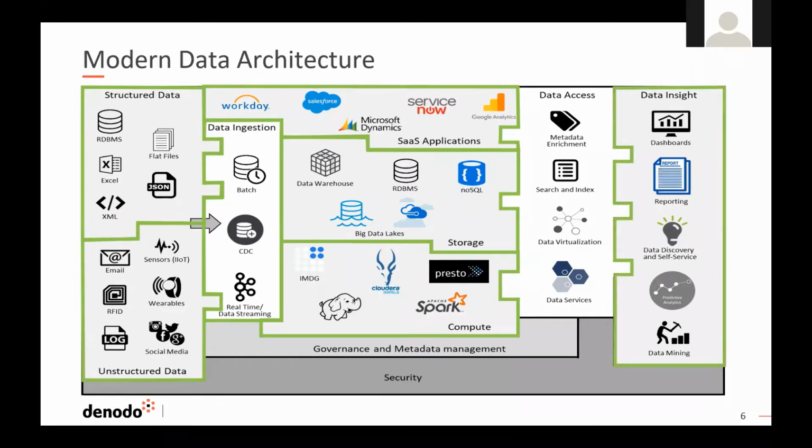And then we go to the right-hand side, and we've got, again, all these different consumers, all the different requirements around dashboarding, reporting, advanced analytics, data mining, and even just to support discovery and self-service of the data across the landscape.